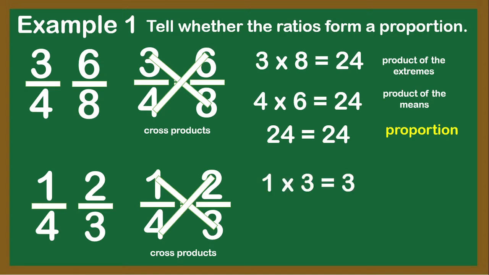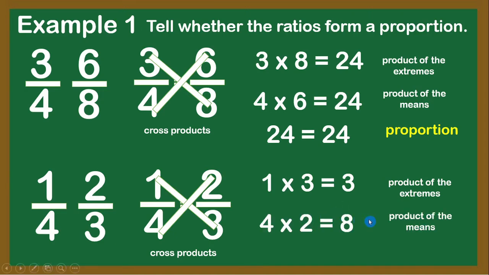Then we have 1 times 3 equals 3. That is the product of the extremes. Then 4 times 2 equals 8, the product of the means. Now notice that 3 and 8 are not equal. Therefore, 1:4 and 2:3 are not a proportion.